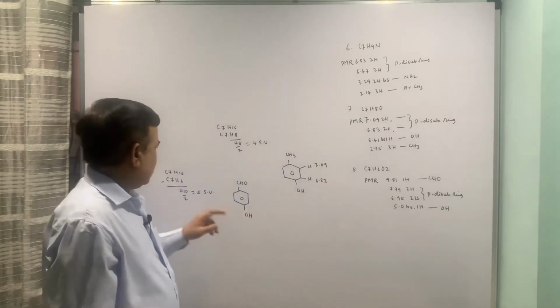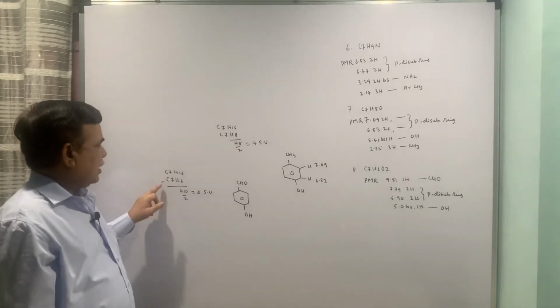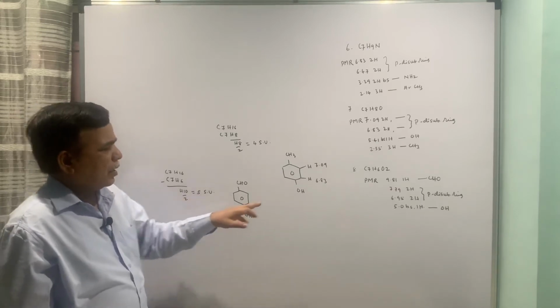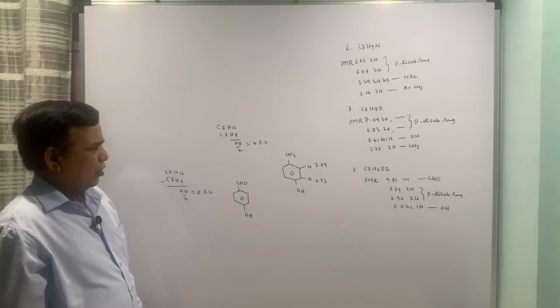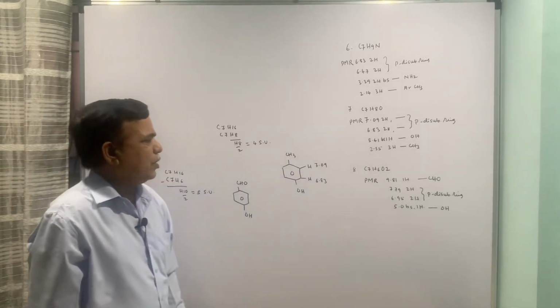Moving on to this, C7H16, the parent hydrocarbon, minus C7H6, 5 degrees of unsaturation, and 9.81 suggests the aldehydic proton, and the pattern suggests a para-disubstituted ring.